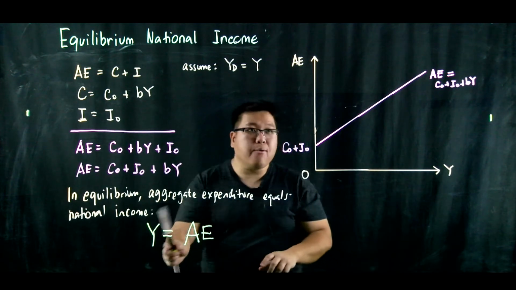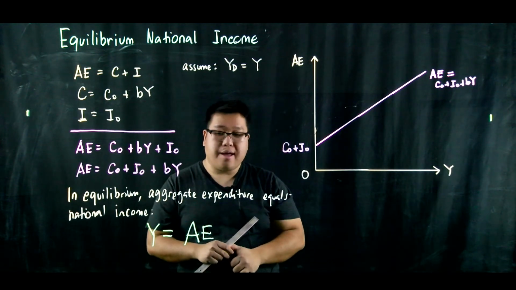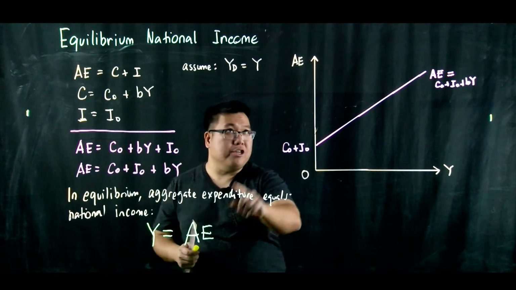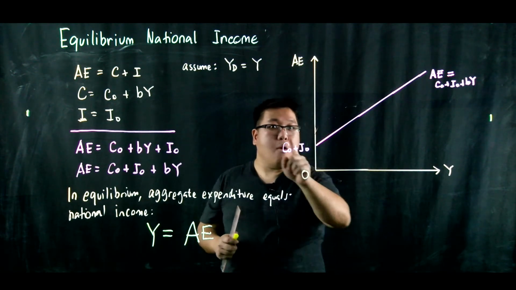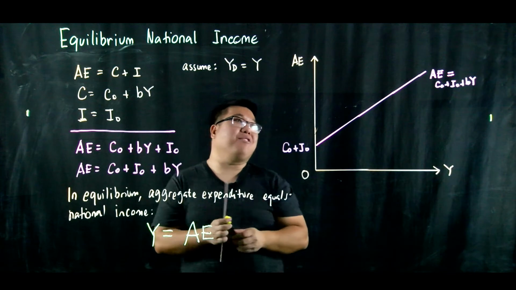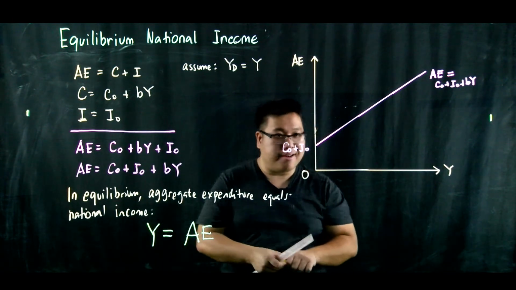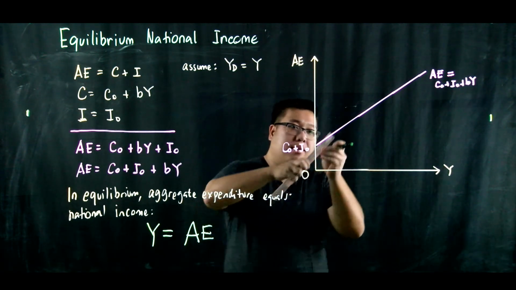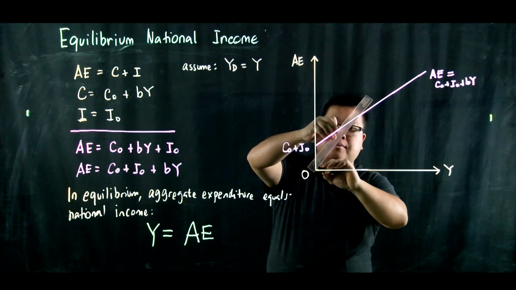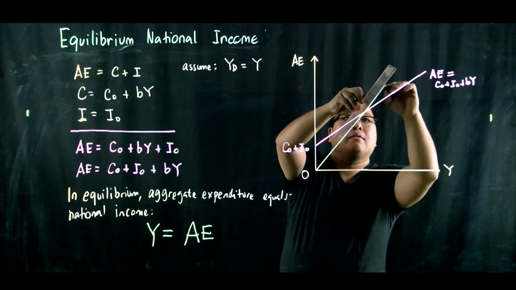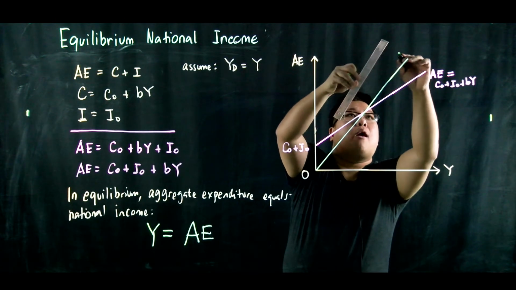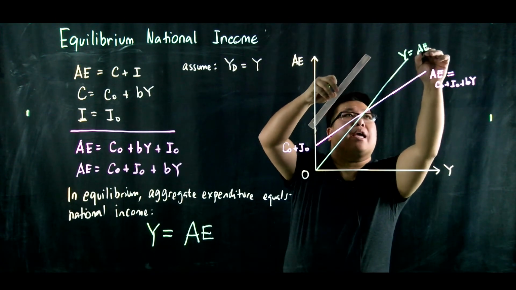So if Y equals AE, if we use this equilibrium condition and look at our graph right here, Y equals AE only occurs at the 45-degree line. So let's sketch a 45-degree line right here. At the 45-degree line, Y is equal to AE.